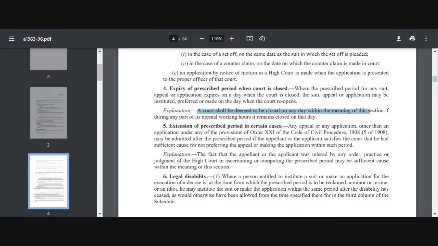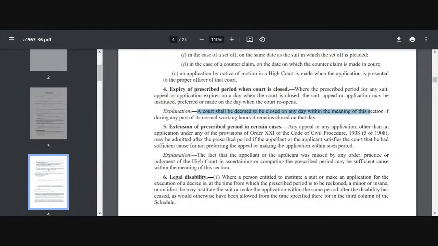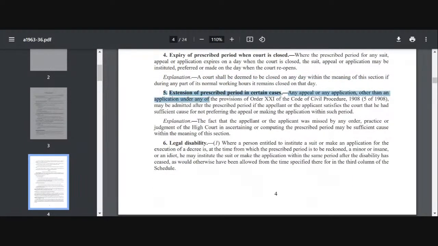Now section 4 is also very, very important. Come to section 5, which is the most important section of the Limitation Act. If you don't know about section 5, it means you haven't studied the Limitation Act, right? The first thing is that section 5 does not apply to suits.